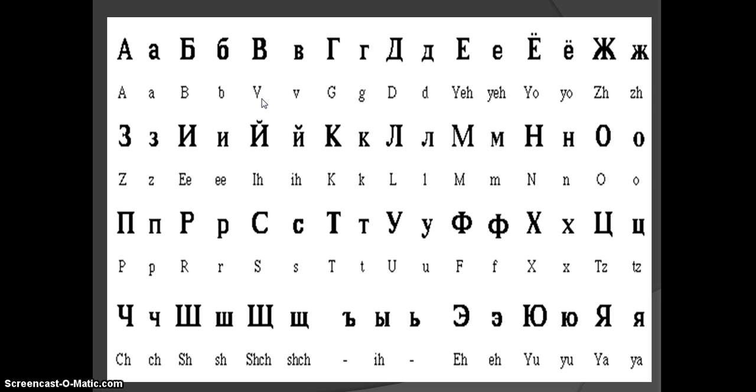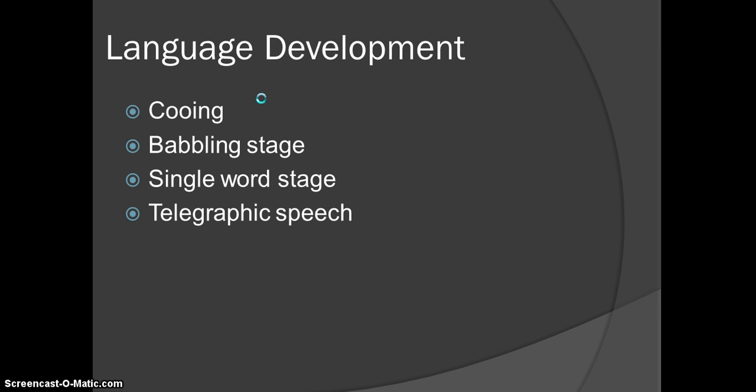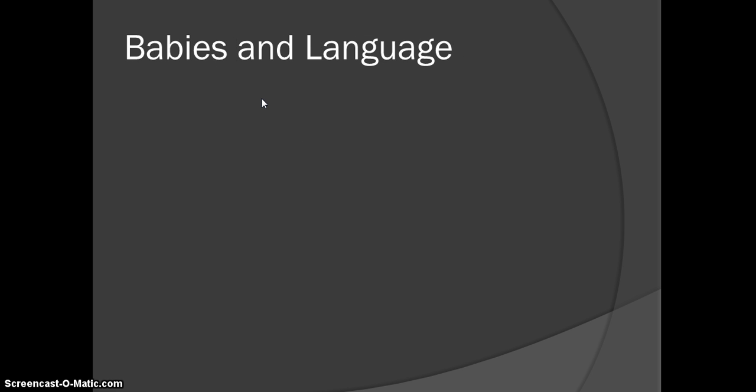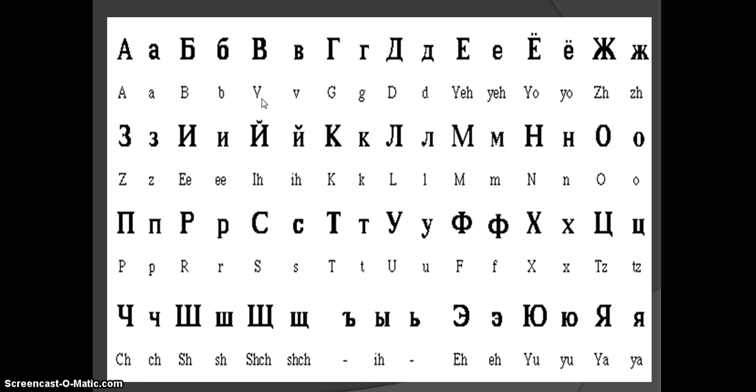And the reason I usually can identify it, and other people as well, is once again because of that sensitive period we were talking about in the previous video. Those were my cooing and babbling stages, the single word stage, the telegraphic speech. All of those I've been doing in Russian since I was a baby.